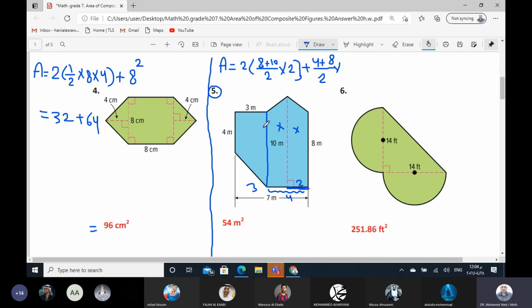For this trapezoid, the height will be 3, times 3. And here we can cancel 2 up and 2 down. Here 8 plus 10 will be 80. 80 times 2 will be 160.